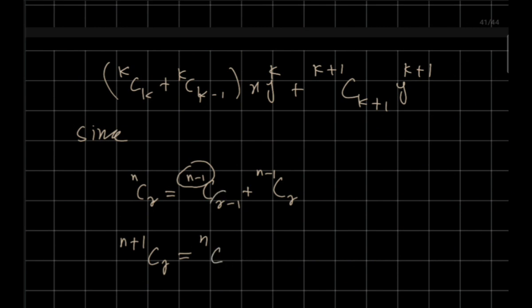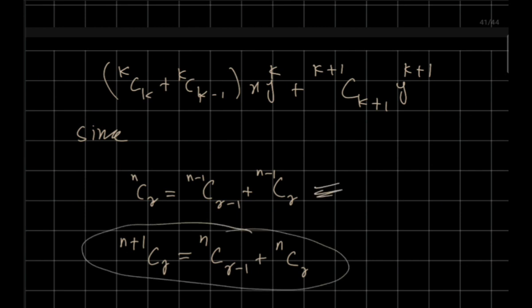And what will you get here? You will get here r minus 1 and here n and here you will get r. So we have only replaced n by n plus 1. R will come as it is. So we will use this formula instead of this.